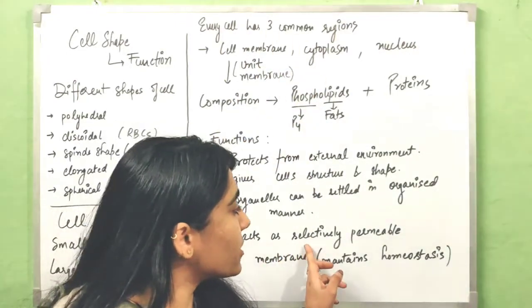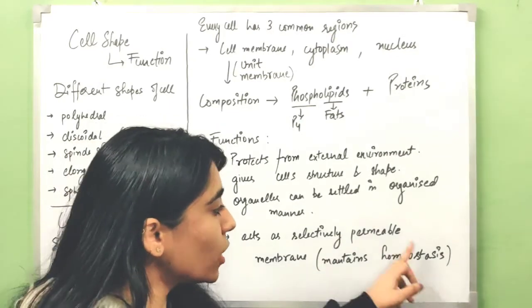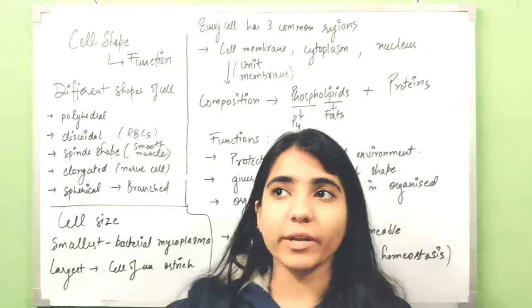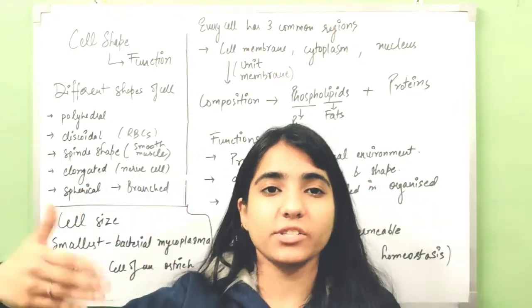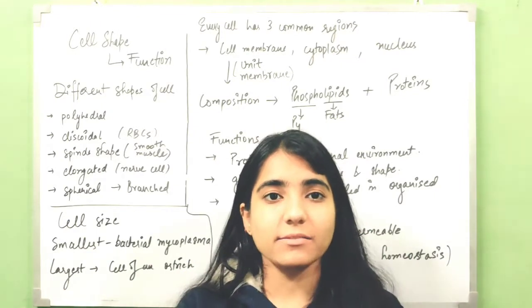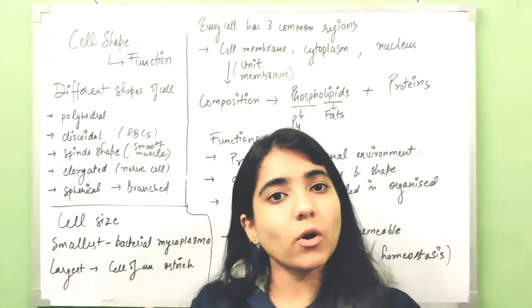Now when we talk about the selectively permeable membrane, it also helps maintain homeostasis. Homeostasis is a condition when the external environment is changing continuously, but the internal environment, that is the environment inside the cell, won't change. It will remain constant.